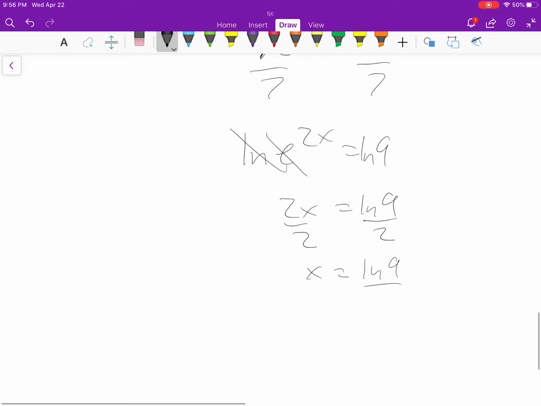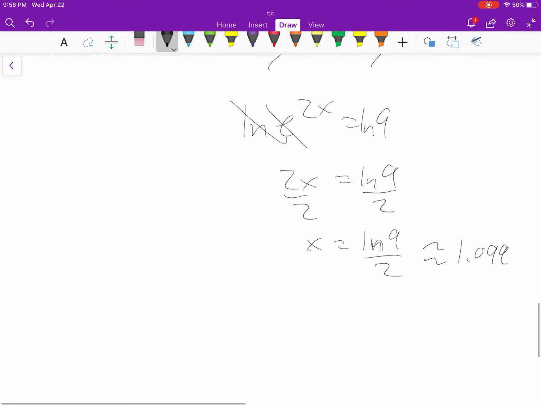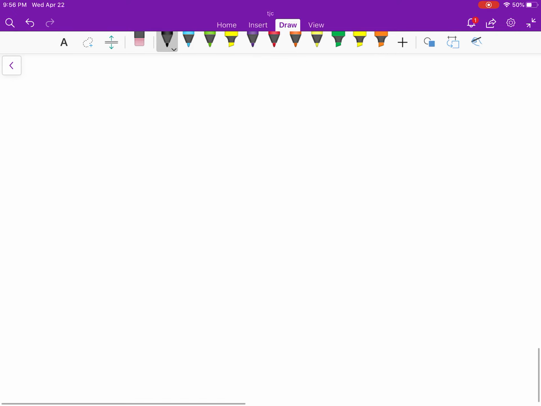And you'll end up with your answer. At this point, if you want an actual number, you're going to have to plug it into a calculator. When you do, you'll get this is approximately equal to 1.099. Okay, let's look at another example.